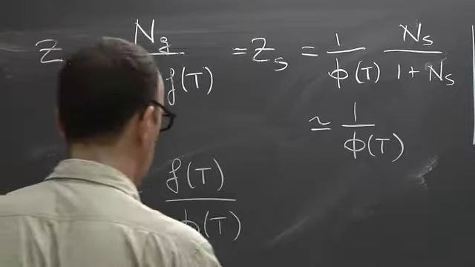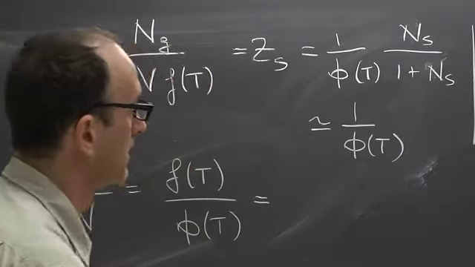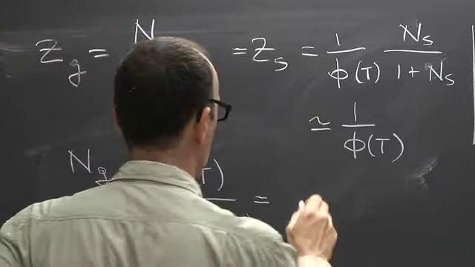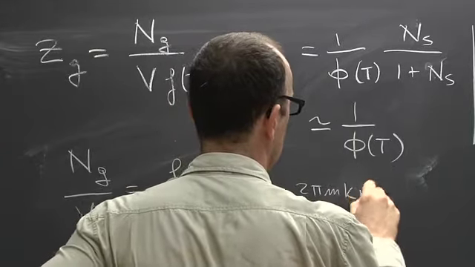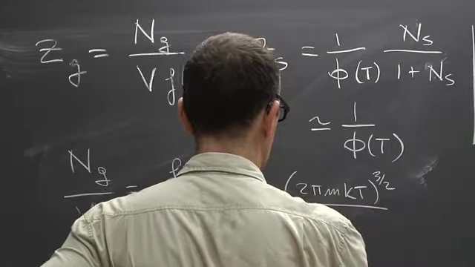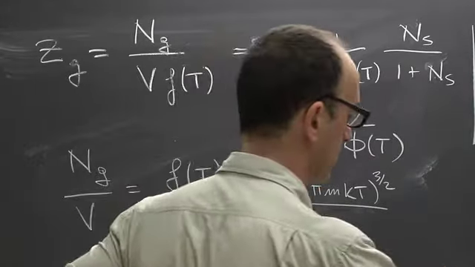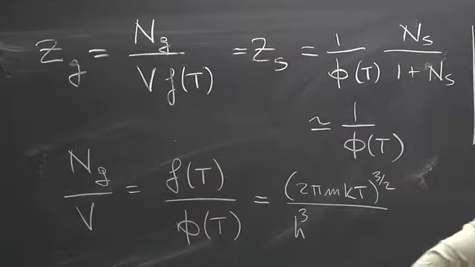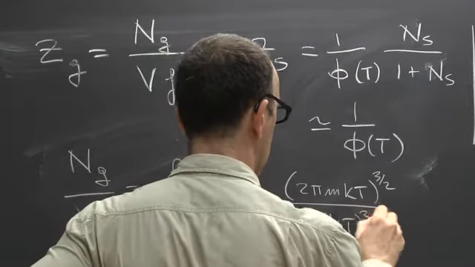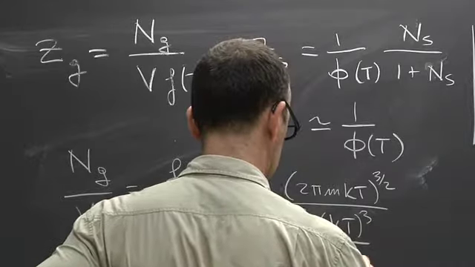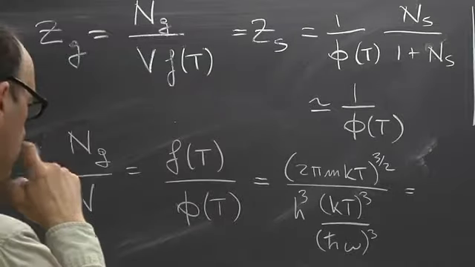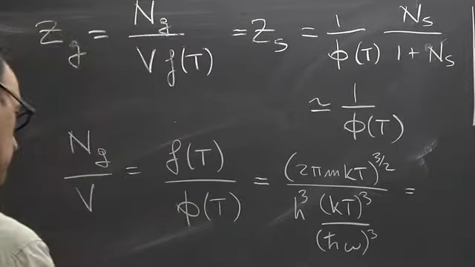And if you use the equation which we have written there, this is (2πm kT)^(3/2) divided by h cubed, times φ, which is this one, (kT over ħω) cubed.